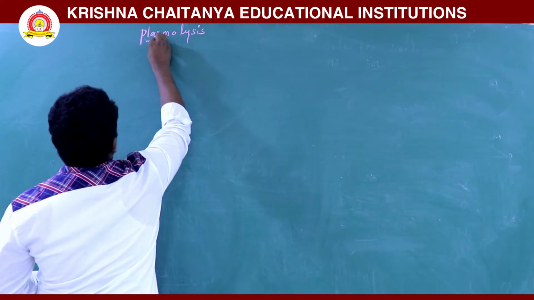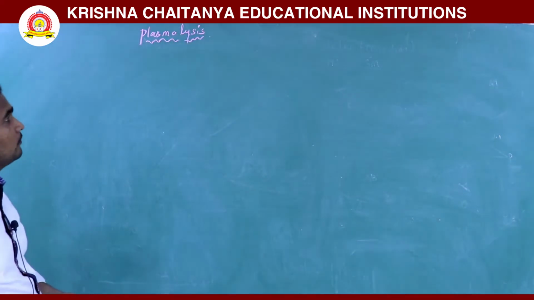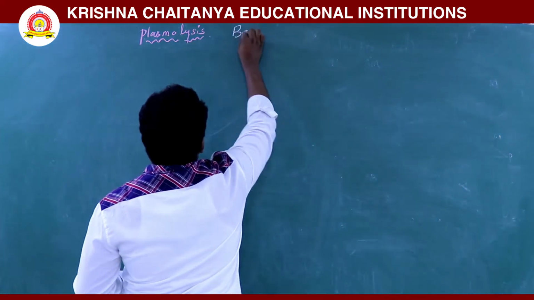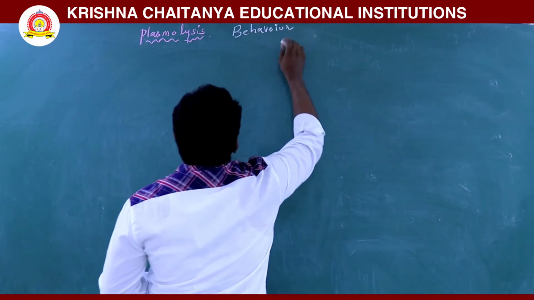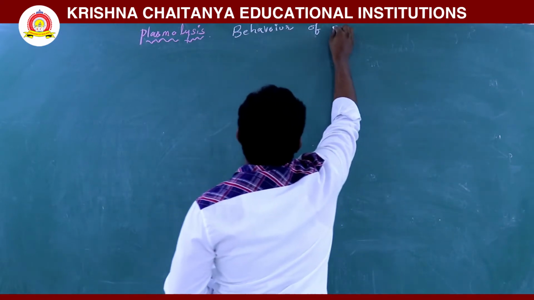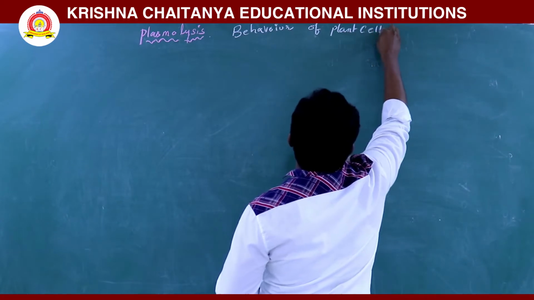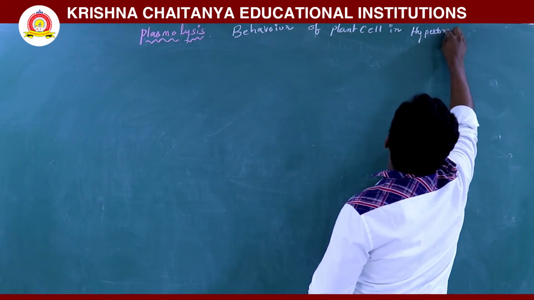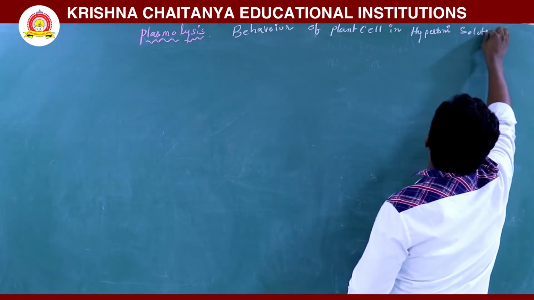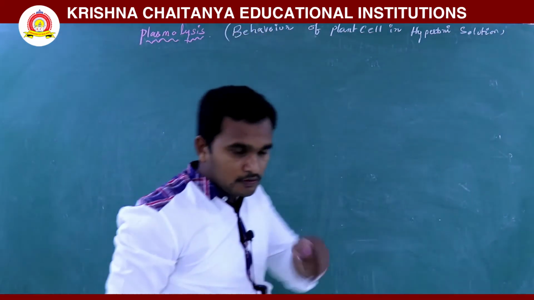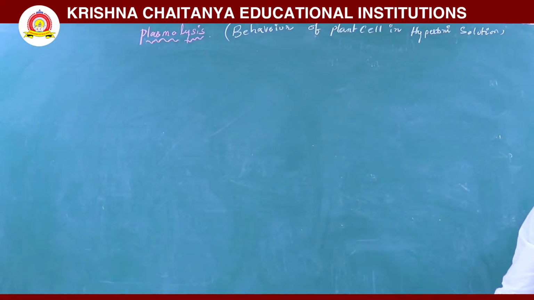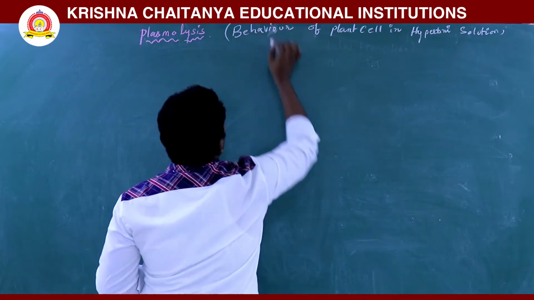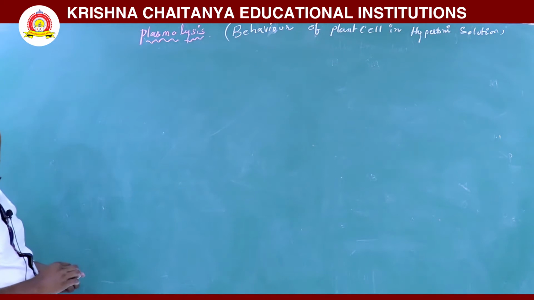Plasmolysis. What is plasmolysis? Plasmolysis is nothing but the behavior of a plant cell in a hypertonic solution.